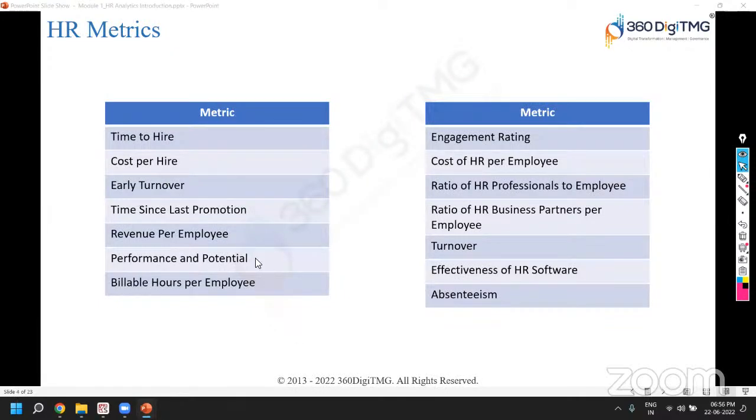Time to hire, cost per hire, early turnover, time since last promotion, revenue per employee, performance and potentials, billable hours of employee, cost of HR per employee, turnover, engagement rating. Various other metrics are also there, which we need to capture and assess to bring in an analytical approach to take decisions.